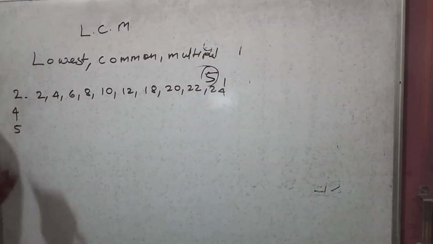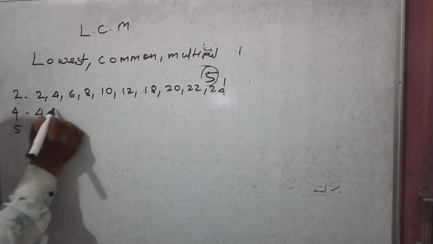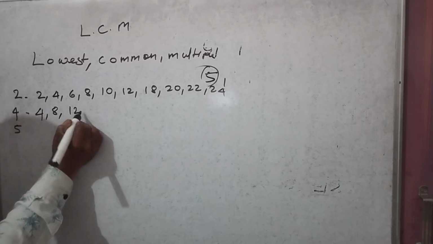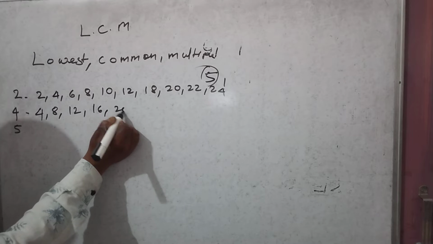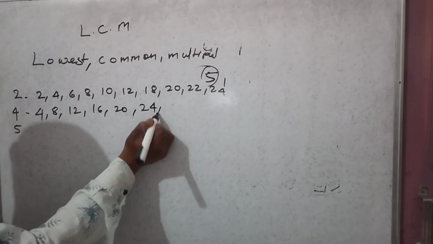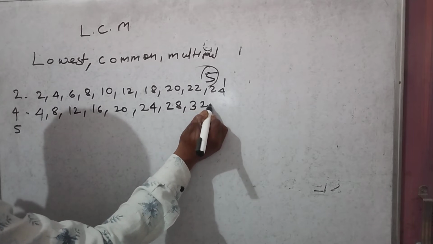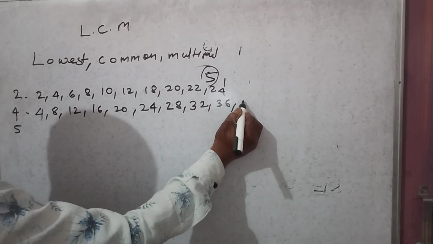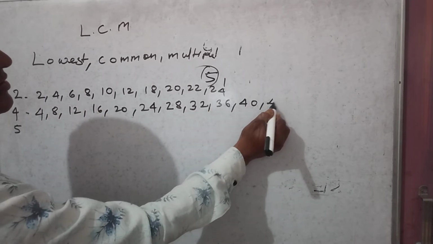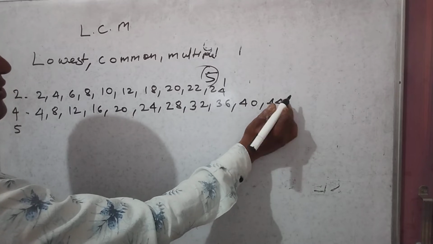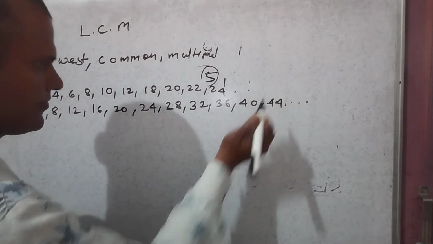Multiples of 4: 4, 8, 12, 16, 20, 24, 28, 32, 36, 40, 44, and so on, right?